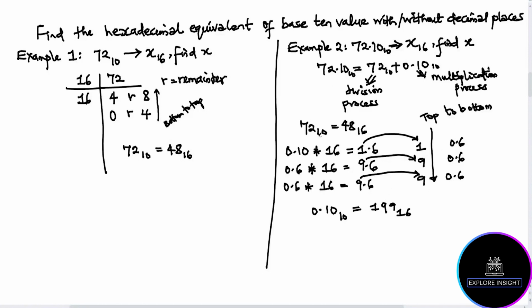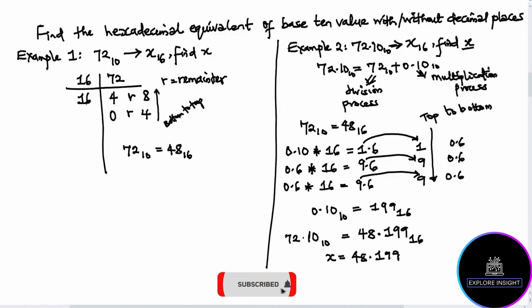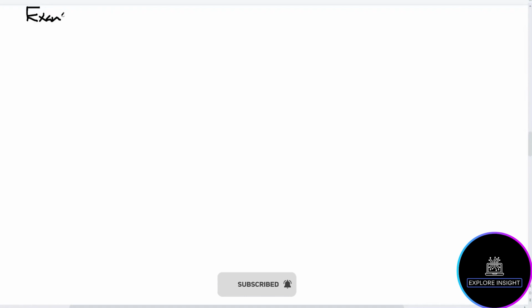Since we've gotten 72 and we've gotten 0.10, it means 72.10 in base 10 will be 48.199 in base 16. But remember, the question was asked in x. Find the value of x. So it means our x is 48.199.